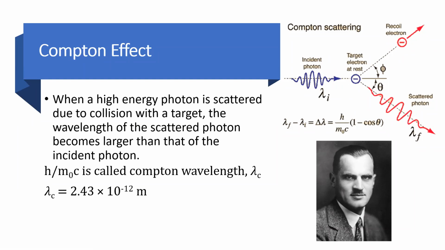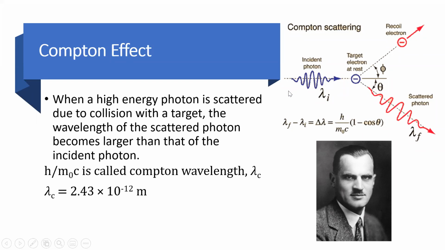The frequency will decrease. Wavelength and frequency have an inverse relation. If a wave has high frequency, it has low wavelength. So if the wavelength of the scattered photon increases, its frequency must have decreased.